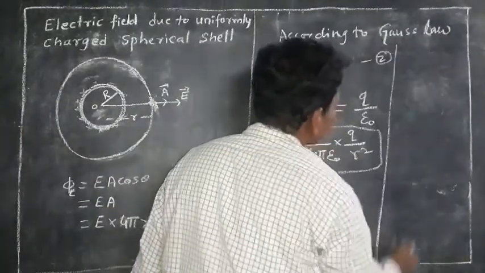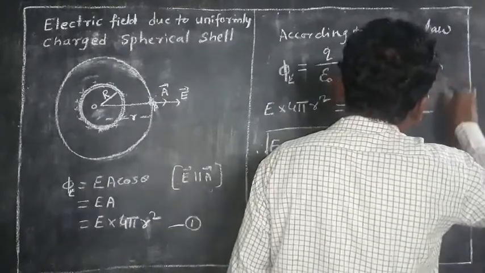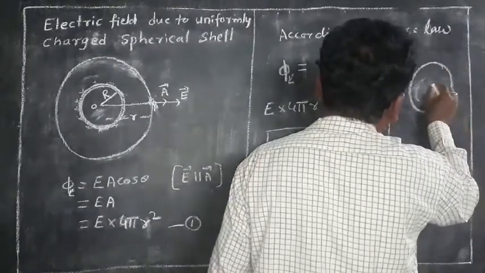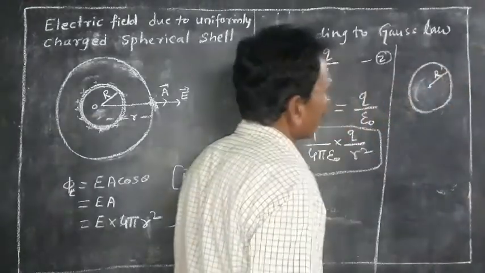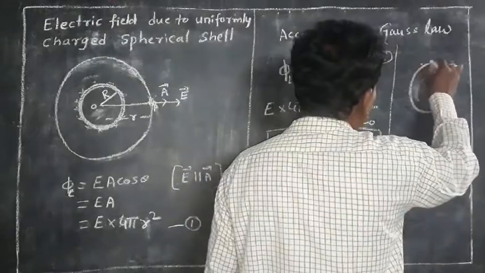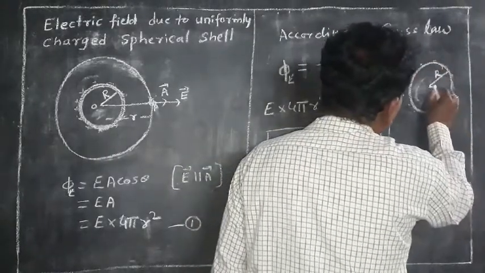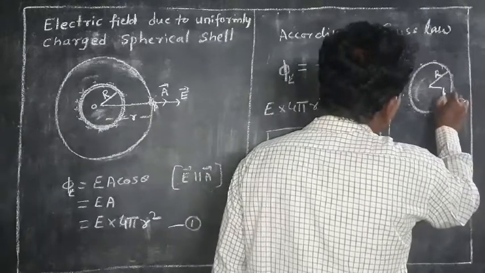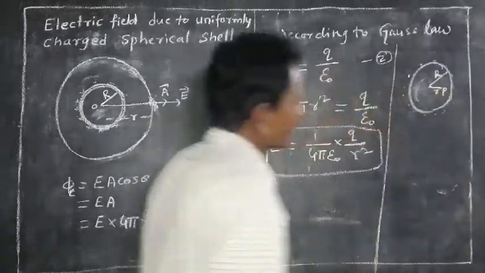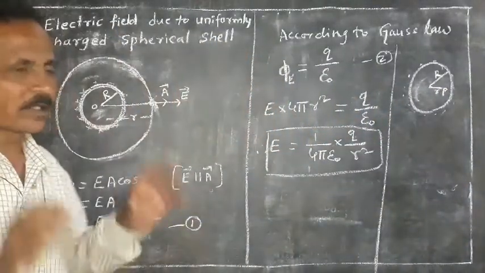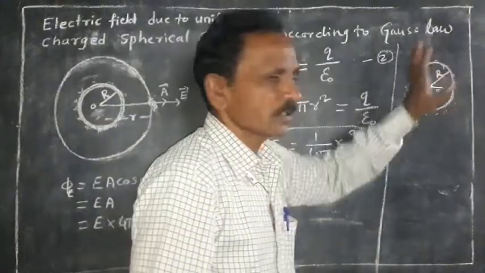And suppose the point P lies inside the sphere. Consider a large sphere of radius R, and charge is uniformly distributed on the surface. And let P be a point at a distance small r from the center. Then what is the electric intensity at a point inside the sphere?